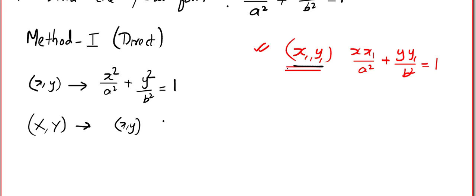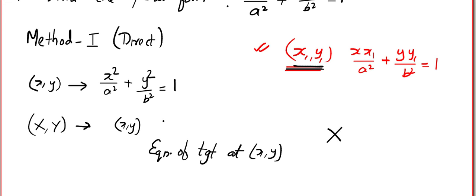So comparing with this equation, what will be the equation of tangent at x, y? Can you guess? Yeah, it's very simple. Capital X small x by a square plus capital Y small y by b square is equal to 1.